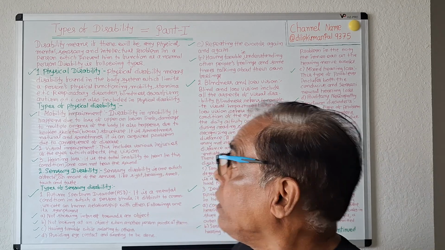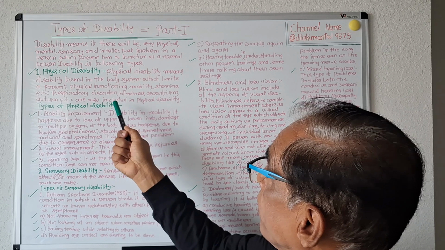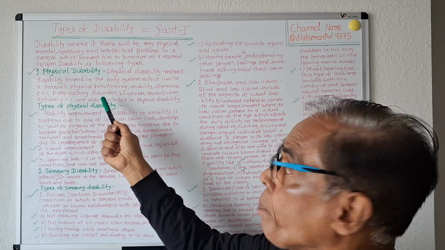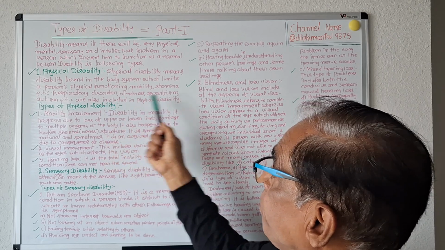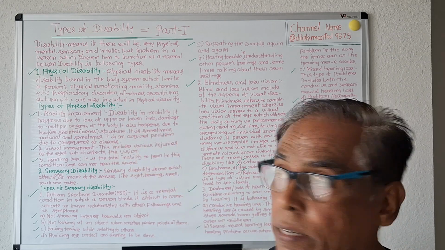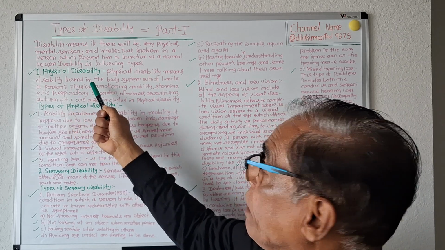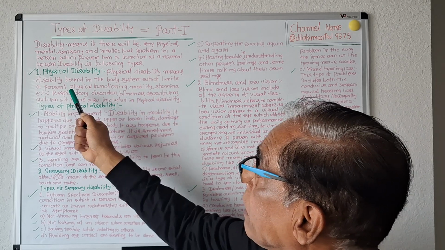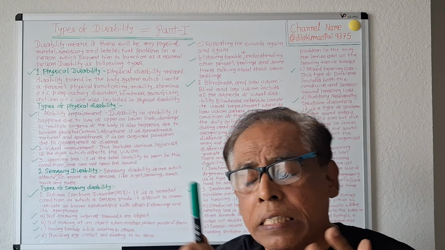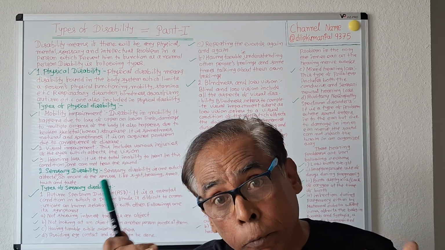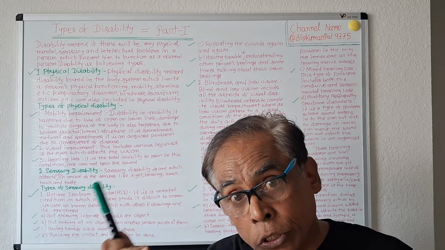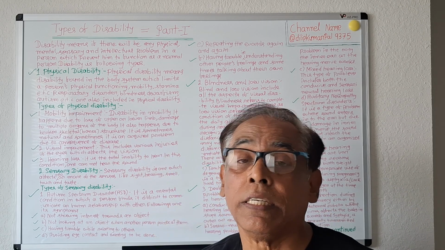So physical disability includes respiratory disorder, blindness, dwarfism, and autism, meaning a problem in the brain. Physical disability means a problem in the body system which limits a person's mobility, stamina, and functioning.